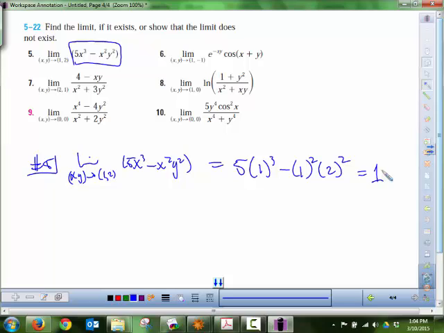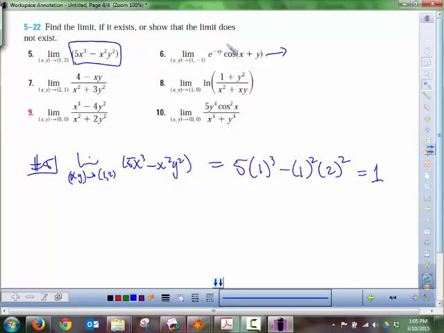Okay. The only times we would have issues with limits is if we have the 0 in the denominator business. That's usually where things happen. So without doing any work for number 6, I have limit as x, y approaches 1, negative 1 of e to the negative xy times cosine of that.